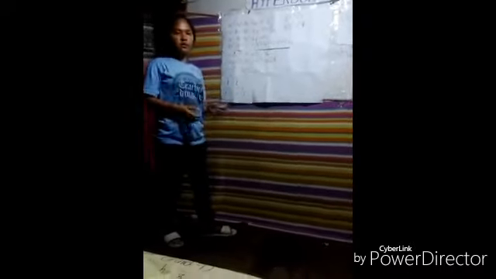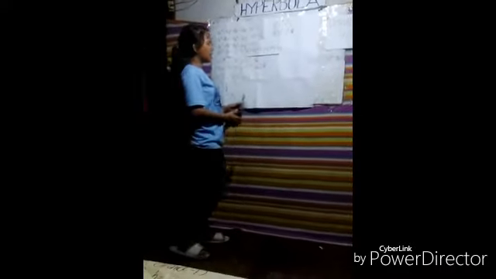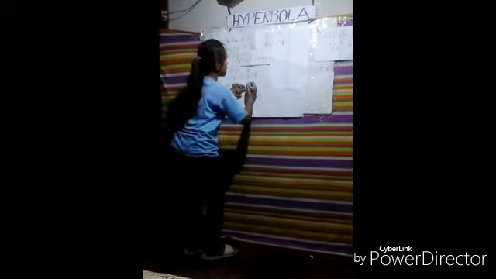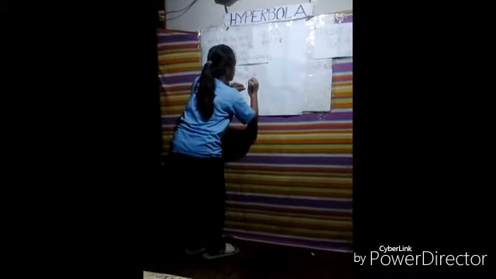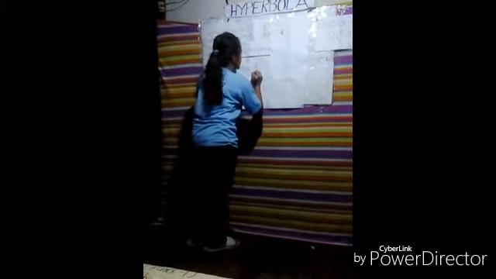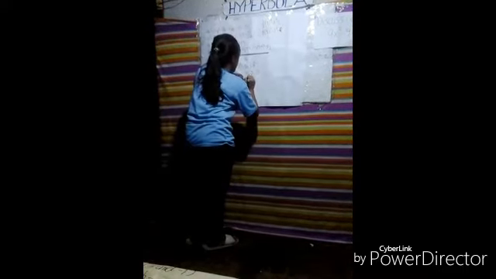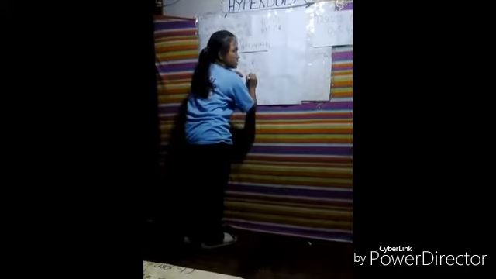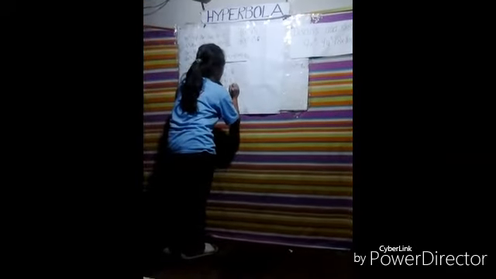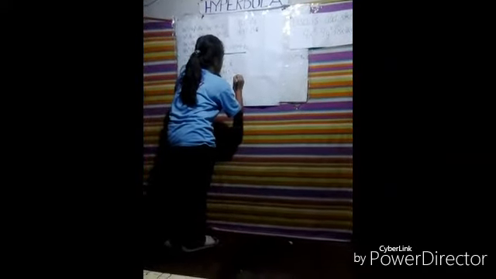In this way, we can now locate the vertices. Vertex 1 is (3, negative 2). Vertex 2 is (negative 1, negative 2).